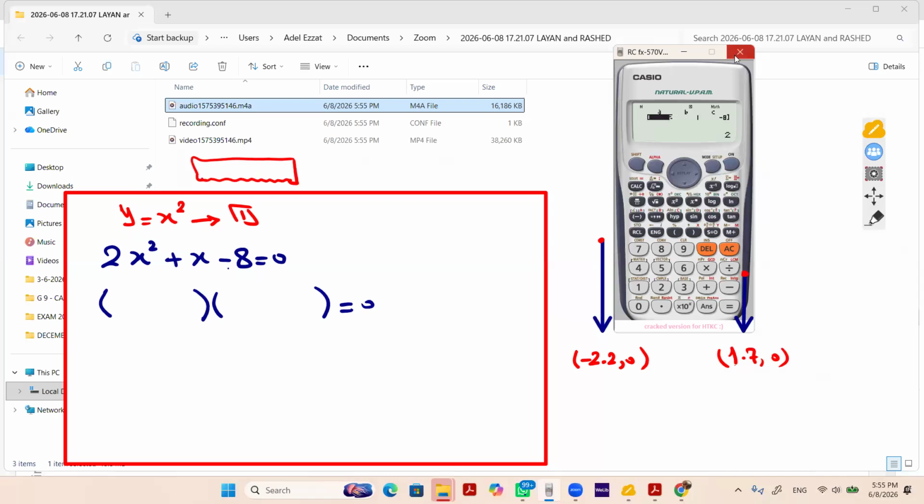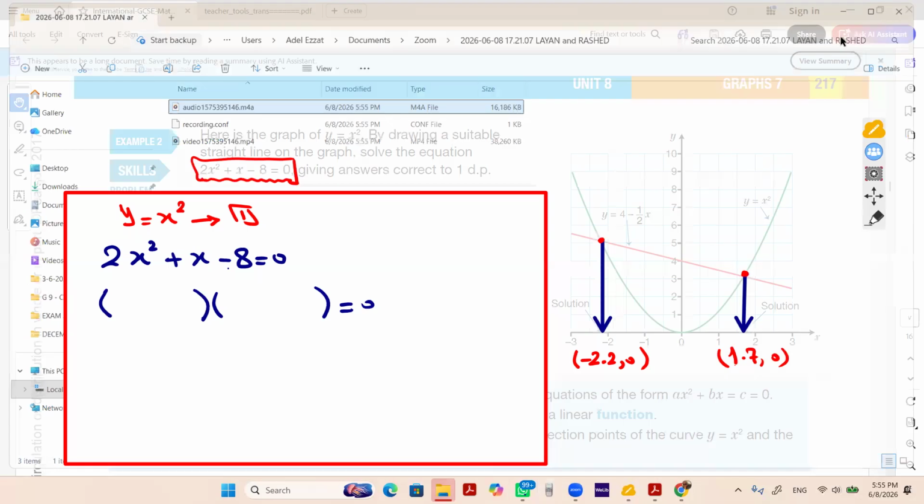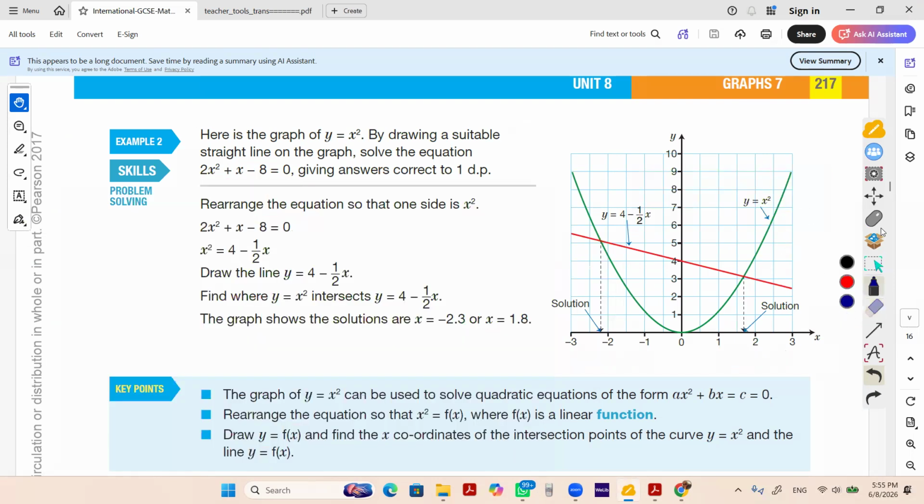Sir, I have a question. In the final exams, are we allowed to use decimals or Desmos? Yes, but I don't know if it is acceptable for you, but you can use the calculator.